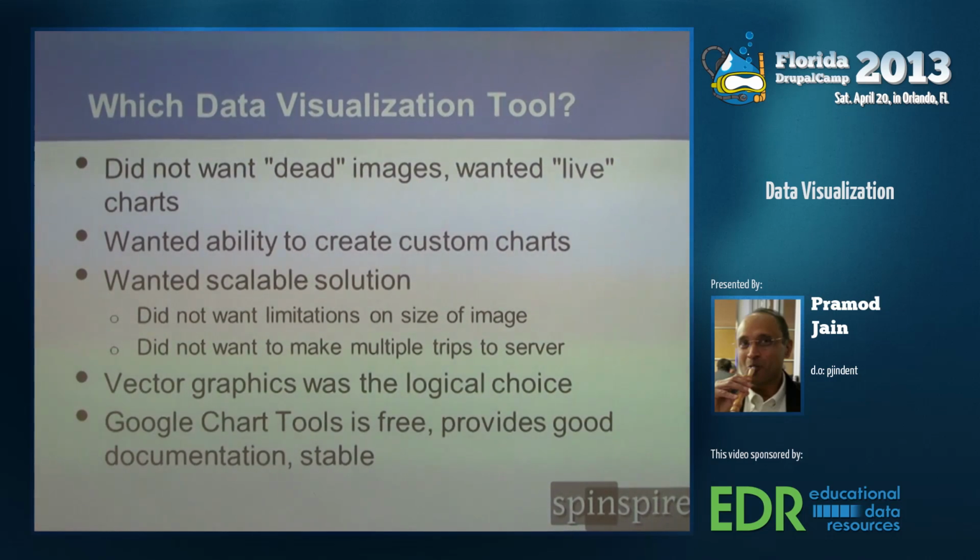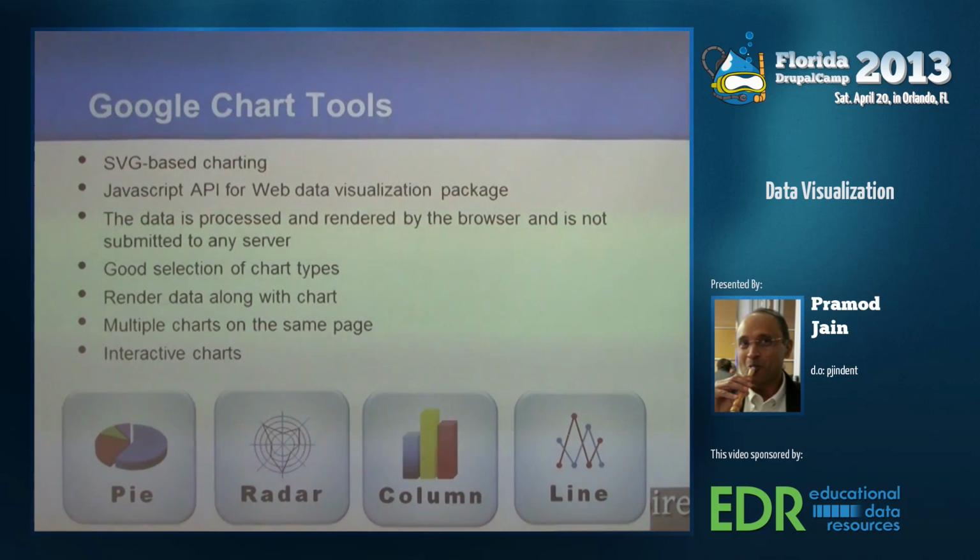And further, Google Chart Tools: good stuff, well documented, works, stable. So we went with Google Chart Tools. So what is Google Chart Tools? Completely SVG-based charting. They provide a JavaScript API.